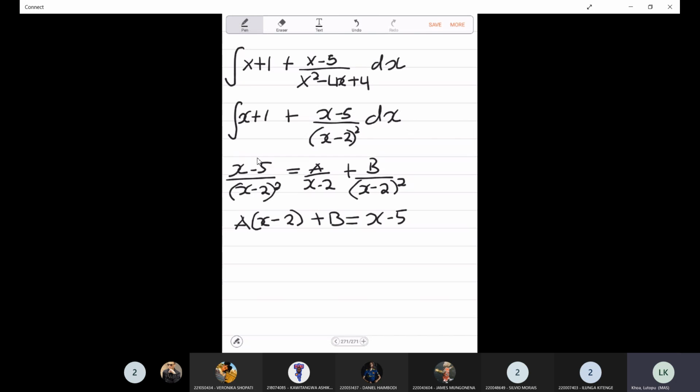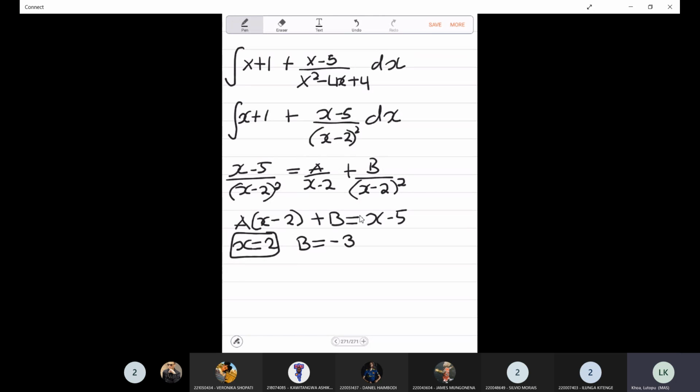And then you can say when x is 2, then this is 0, and you have b is equal to 2 minus 5, which is minus 3.